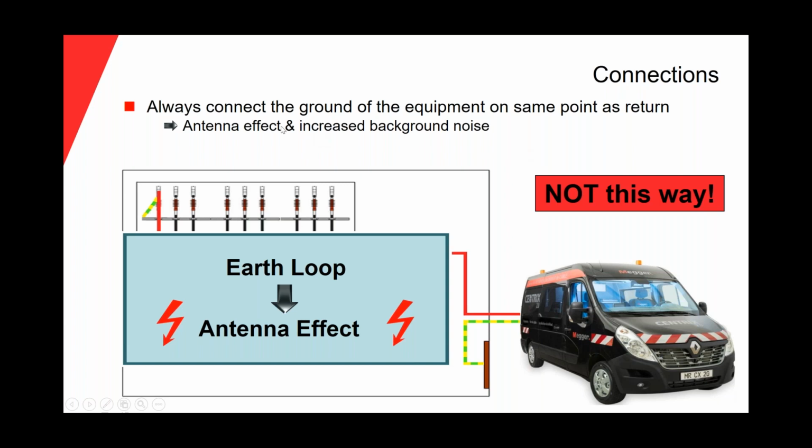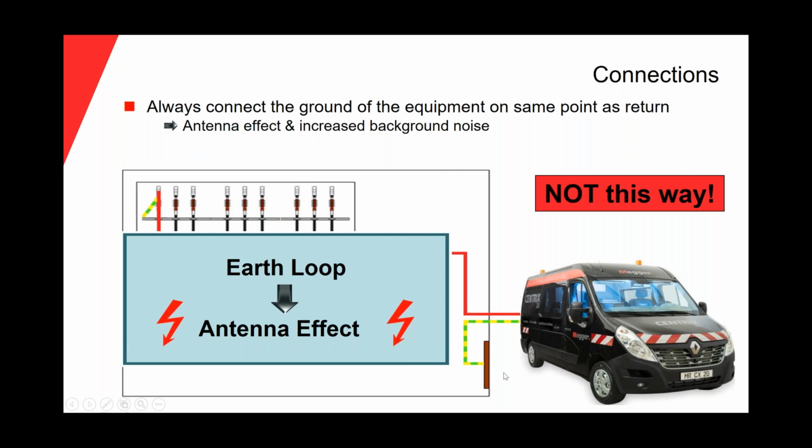We need to always be sure that we connect the ground of the equipment at the same point as the return. If you see in this drawing, we have the high voltage lead connected to the cable under test, but the grounding is connected at this bus bar.